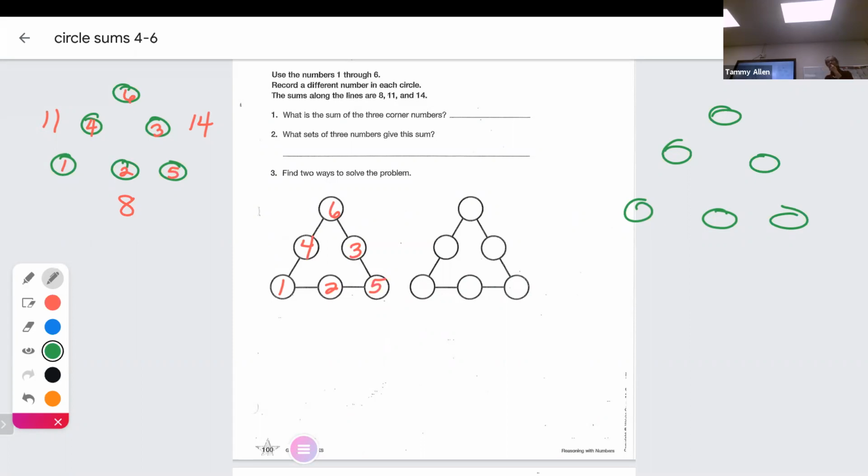That's the same 3 numbers, right? So is there any other combination of 3 digits that will give us 14? No, there's not, is there? Which means we're going to have to change the order of these, right?